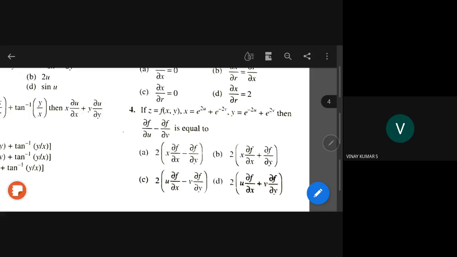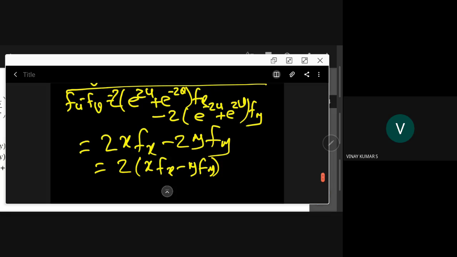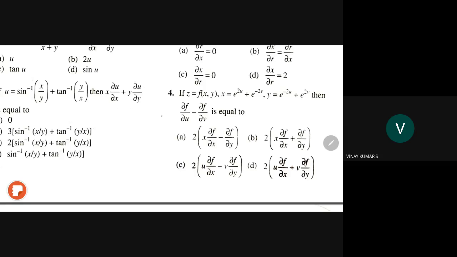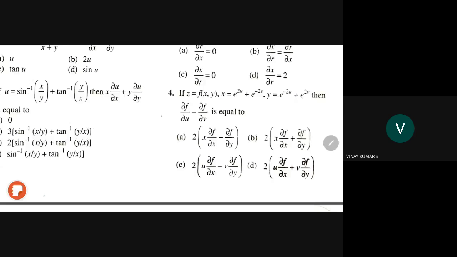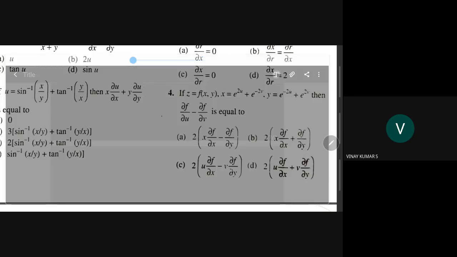Fourth question is A, he says. So ∂f/∂u minus ∂f/∂v. Yes, y is not printed here, and y should be there.